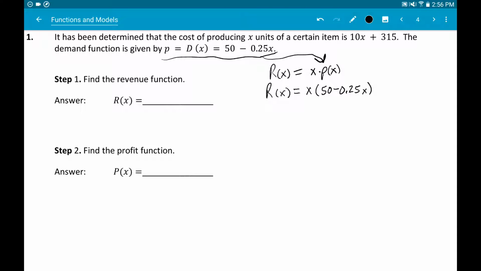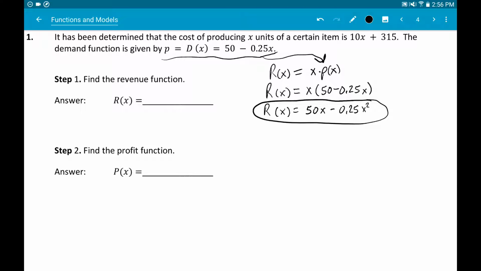Go ahead and multiply that out. All right, so there it is. Revenue function, 50x minus 0.25x squared. All we did was we took a price function, 50 minus 0.25x, and we multiplied it by x to get to a revenue function.